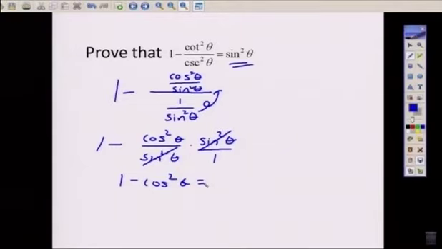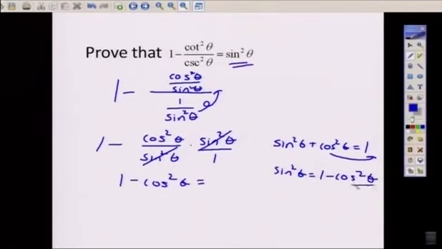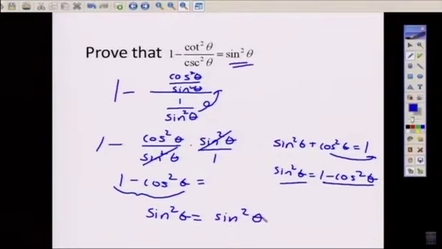And if you remember our Pythagorean identity, sine squared theta plus cosine squared theta equals 1. So if I subtract over cosine squared, that is equal to sine squared. So this is sine squared theta, and we just verified that identity.